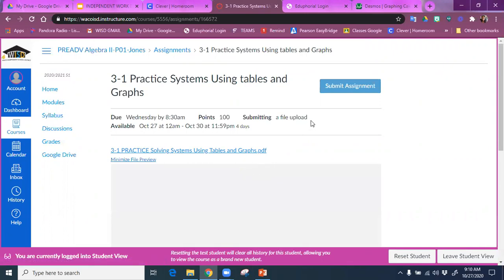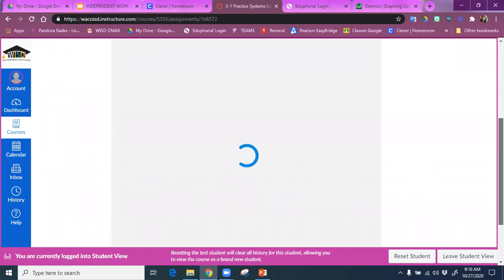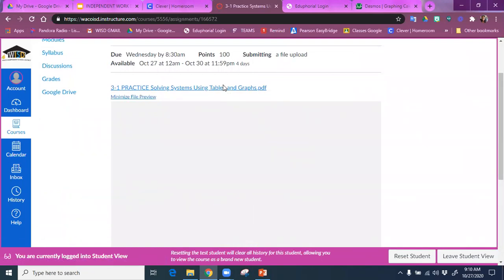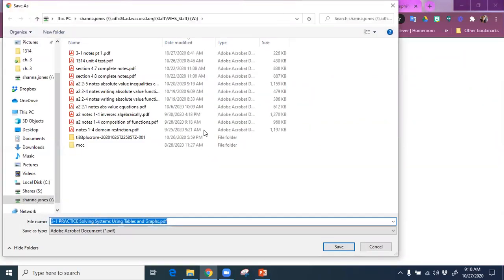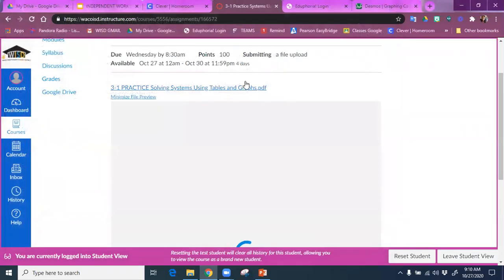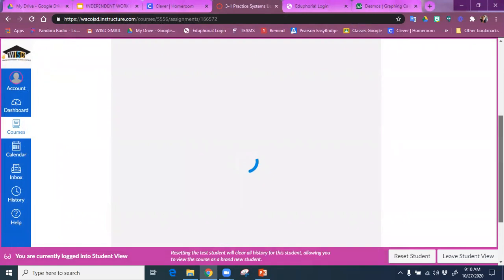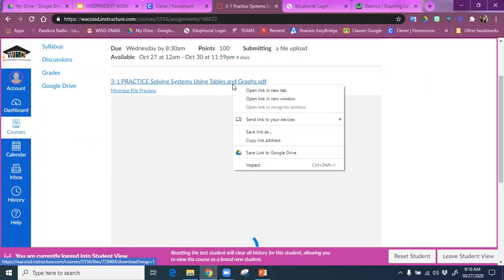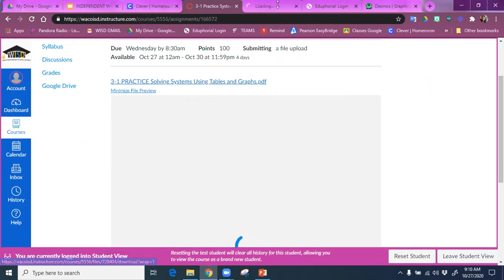To open it within Canvas, you press the magnifying glass, and it'll load in Canvas. To open it in another window, you just press the link and it'll open it, and you have to download it. So whichever one you want to do. My computer's running slow for some reason, but it'll load within Canvas that way, or opening it and downloading it.